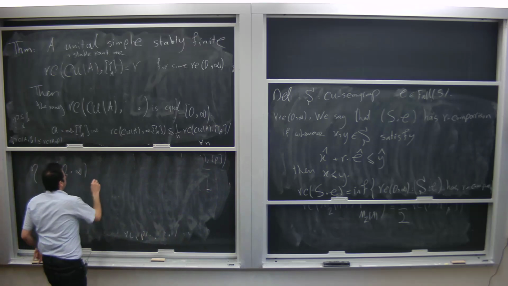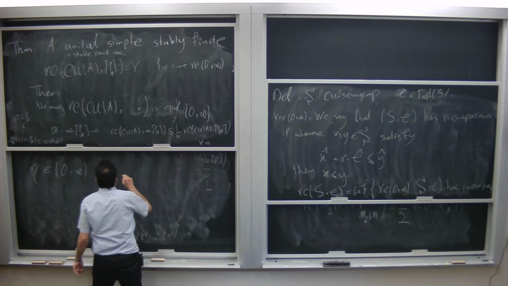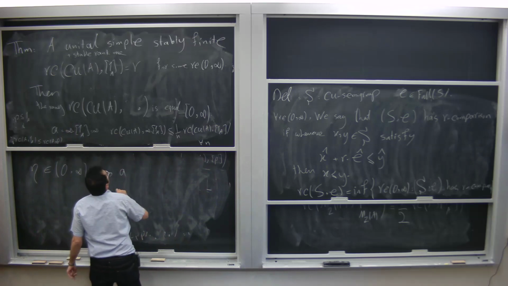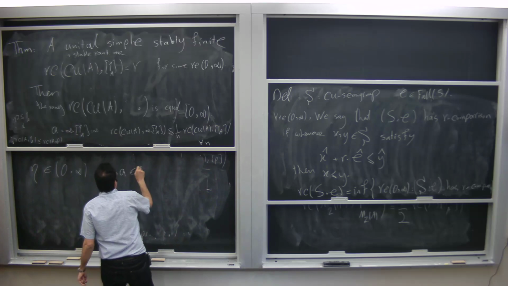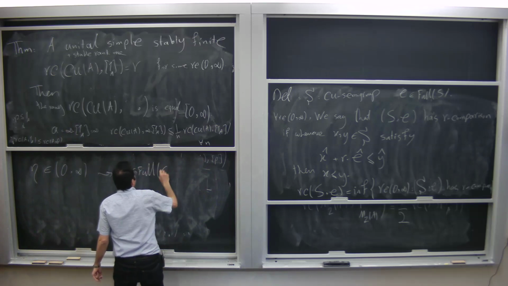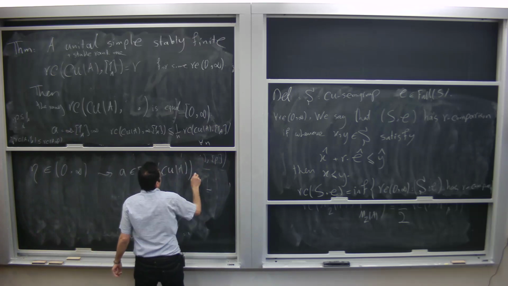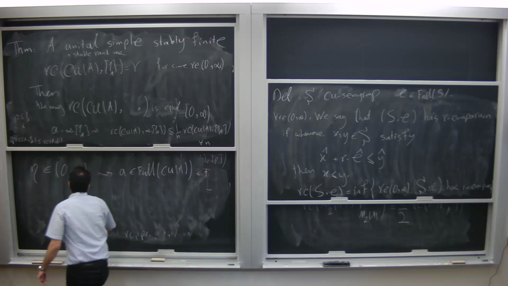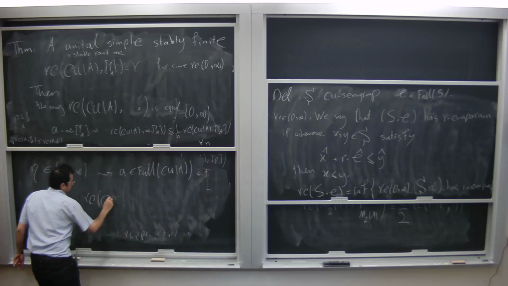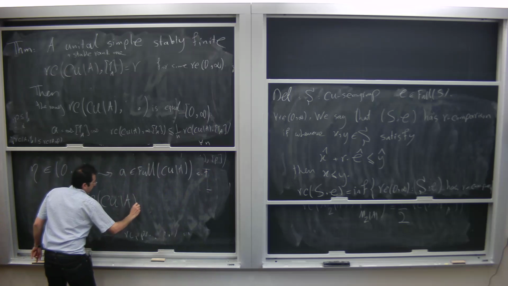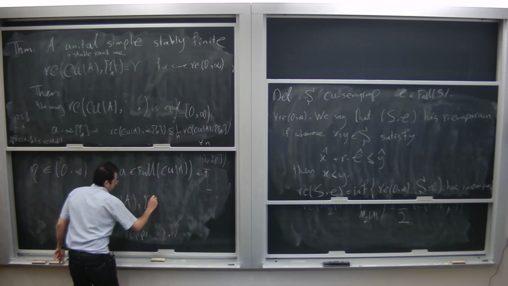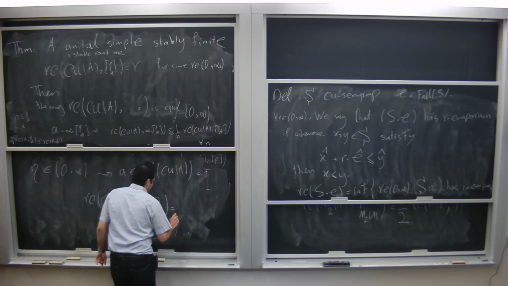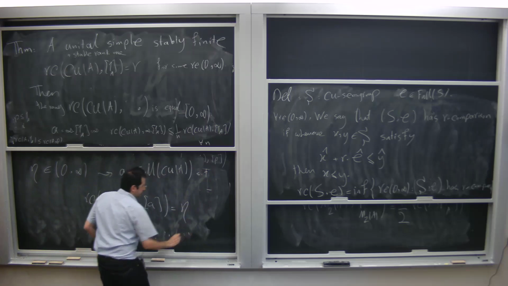Then based on this theorem, I can find the full element A in this Cu(A) such that RC of Cu(A) and this full element is going to be eta.